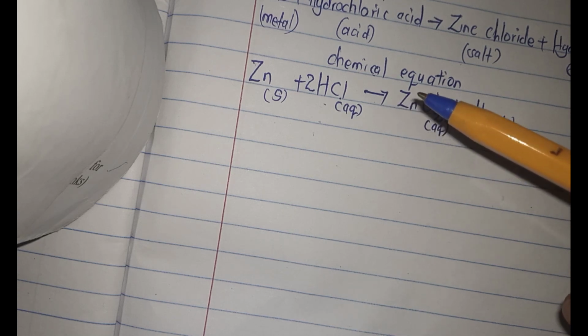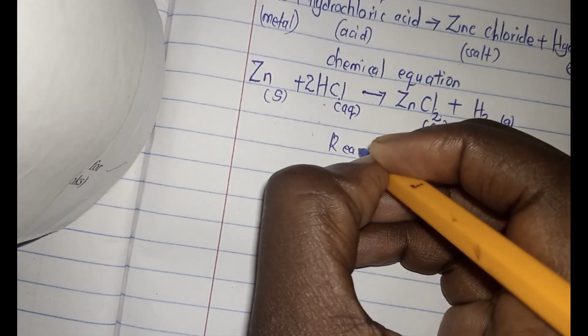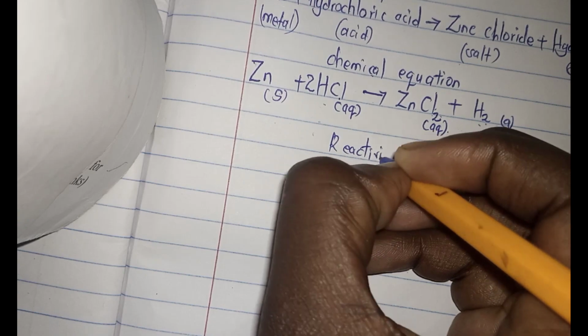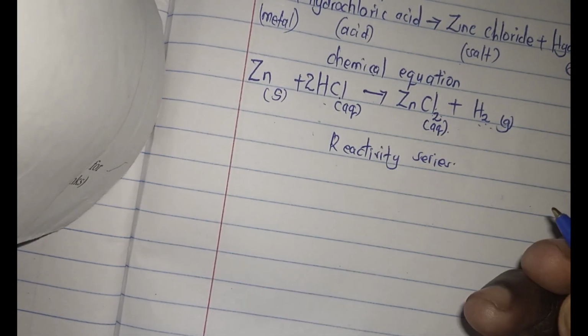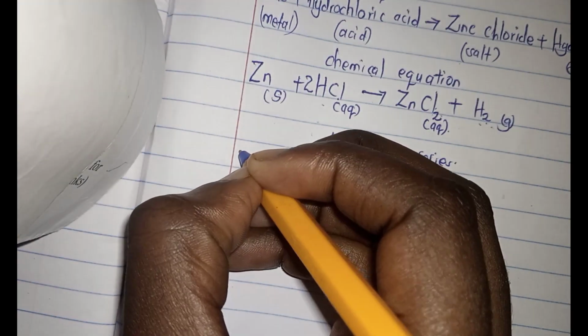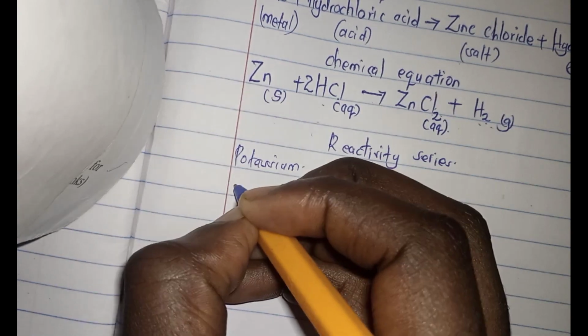So we also have metals which are reactive. Remember the reactivity in the reactivity series. We have metals that are reactive, the likes of potassium. Potassium is the most reactive.